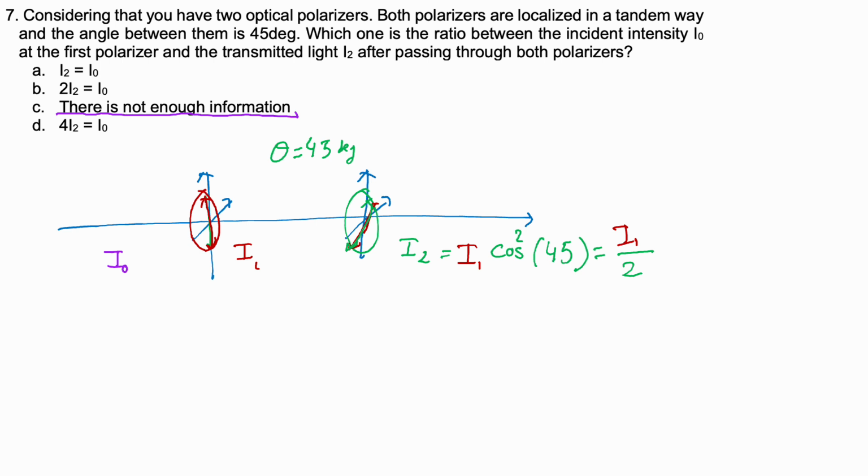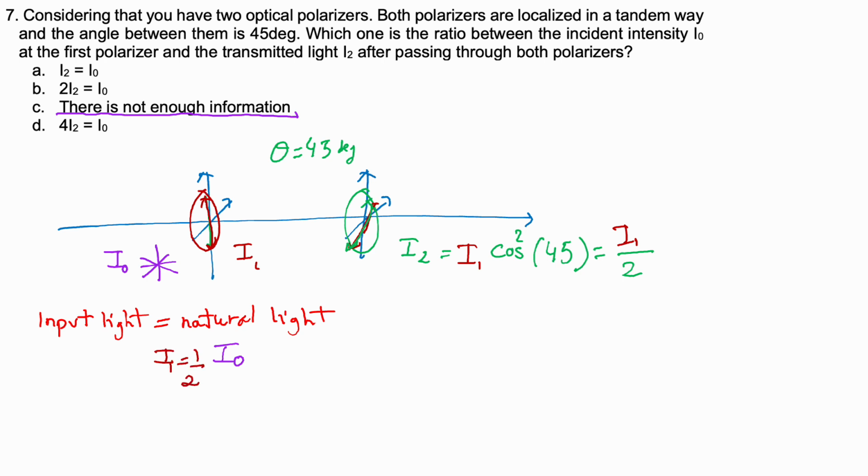However, let's say that the input light is natural light. If the problem said that the input light is natural light, that means we're going to have random polarization, but we can always express it as two orthogonal polarization states. Then the output of the first polarizer is going to be half of the input light.